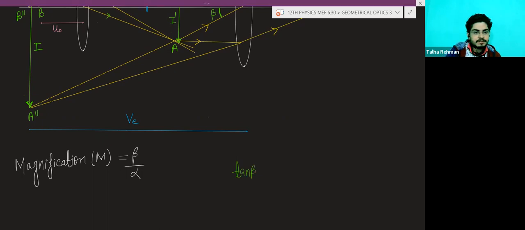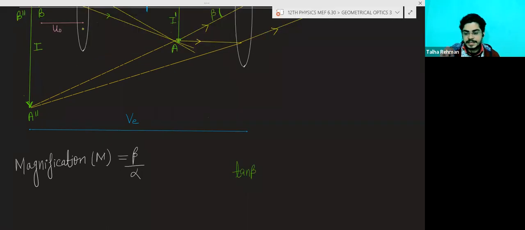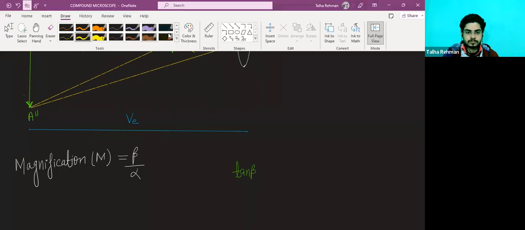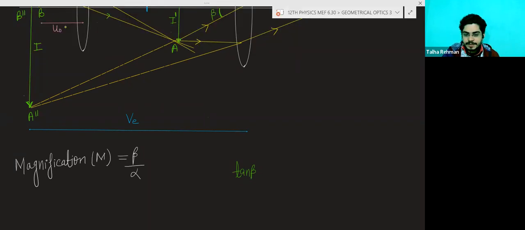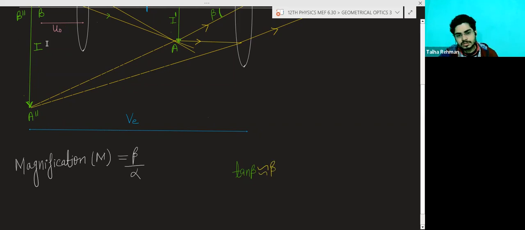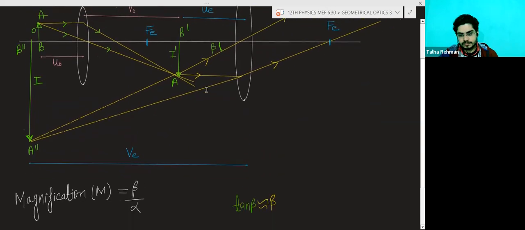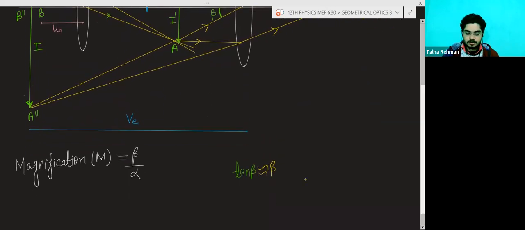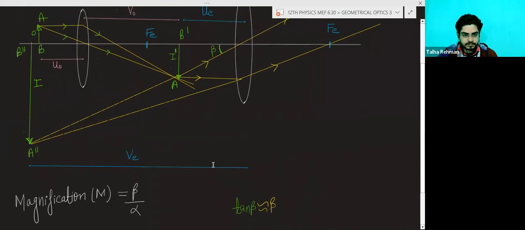I told you many times that tan beta can be approximately equal to beta, because this beta is very small. See this triangle.